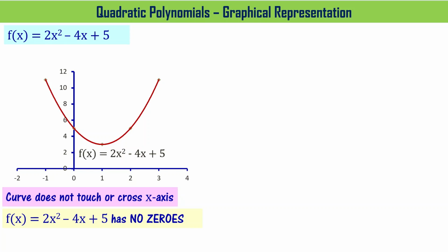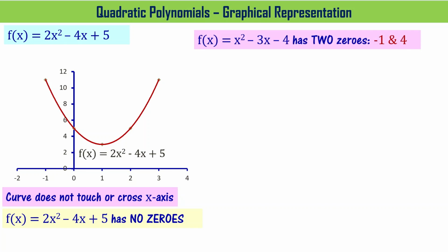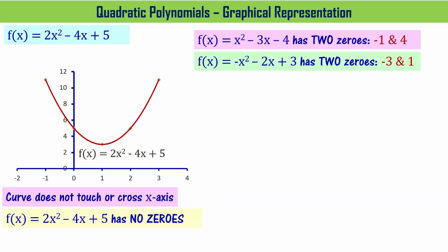So let's recall what we have seen. X square minus 3x minus 4 has two zeros that are -1 and 4. Minus x square minus 2x plus 3 has two zeros, those are minus 3 and 1. And we have also seen that x square minus 6x plus 9 has only one zero, that is 3.